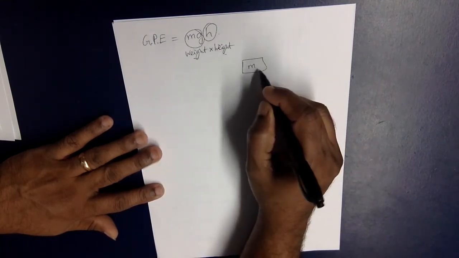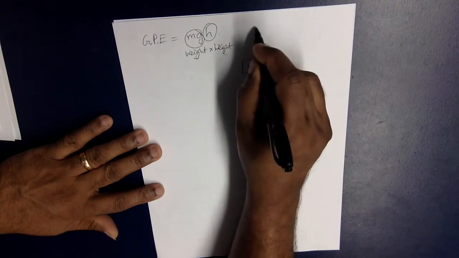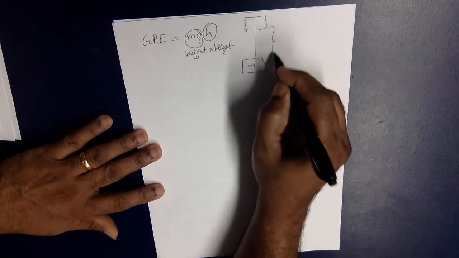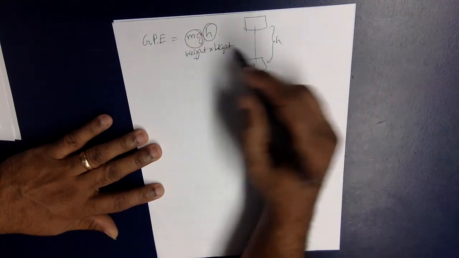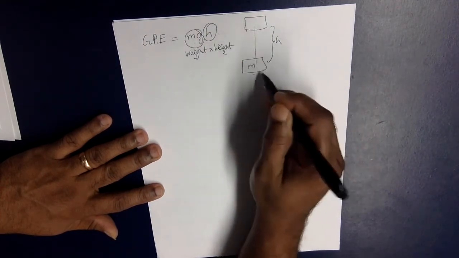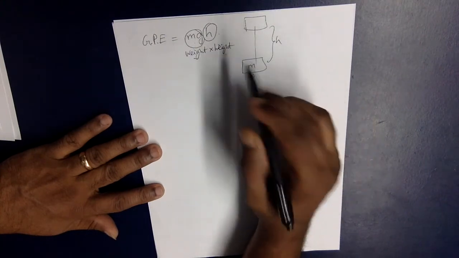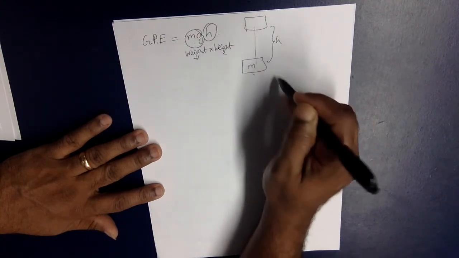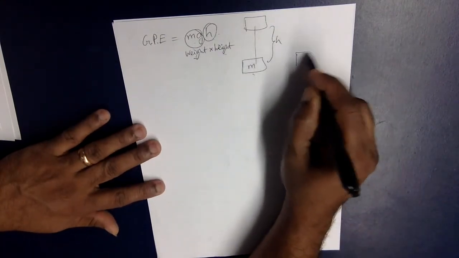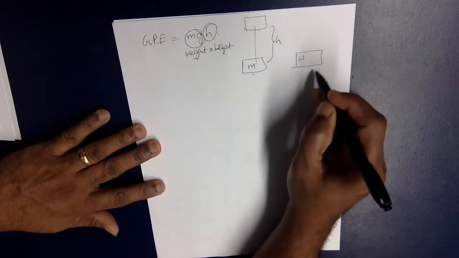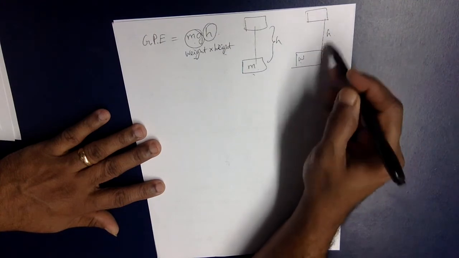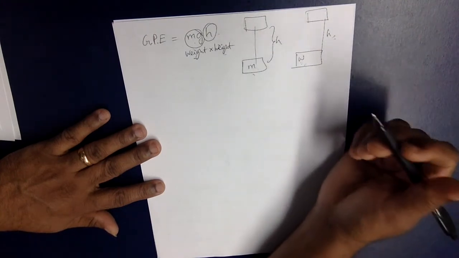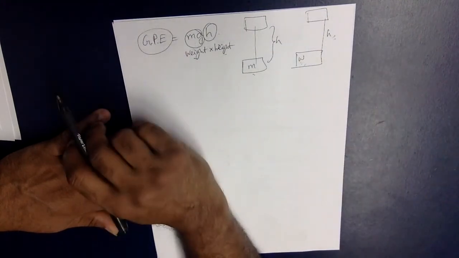So if I tell you the mass is this and you're taking it to a height of h, then what you do is just put m times g times h. M is the mass in kilograms, g is 9.8, and h is the height you're taking it up through. Now instead, if I give you the weight, and I'm telling you to take it to a height of h, then you just multiply weight and height, and you get the same thing as gravitational potential energy.